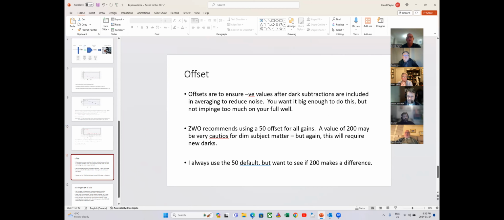The other thing I just want to mention is offset. Now, Nina can help you determine an appropriate offset too. When you're subtracting these dark frames and all these frames, you can realize that your numbers can actually go below 0. So with noise, you can actually read a negative charge on a sensor.